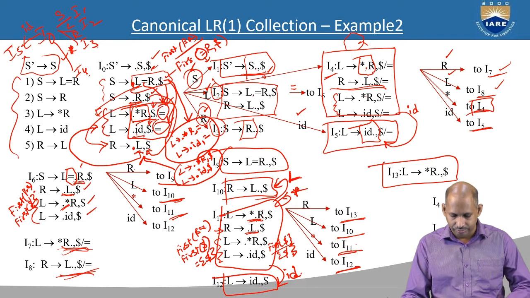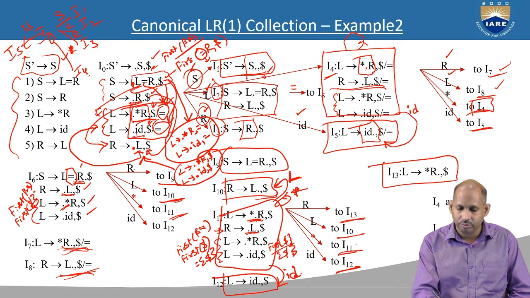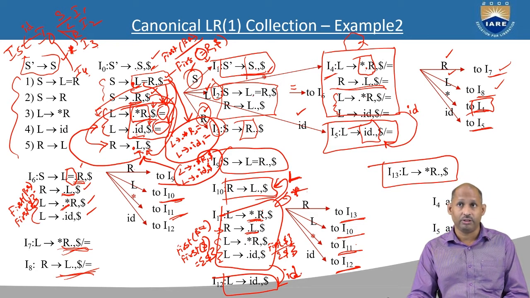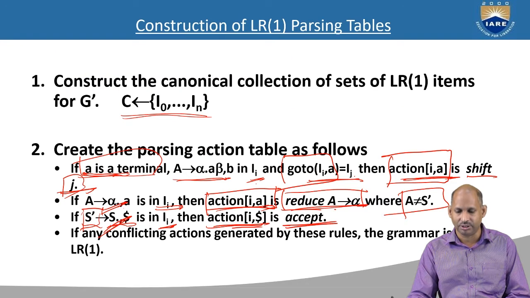Now here, what is I1? Dot and, right? When dot and the variable is S' and dollar is a symbol, then we have to write accept.